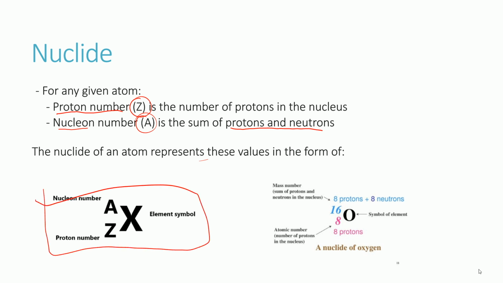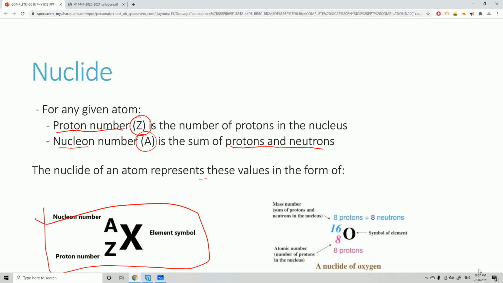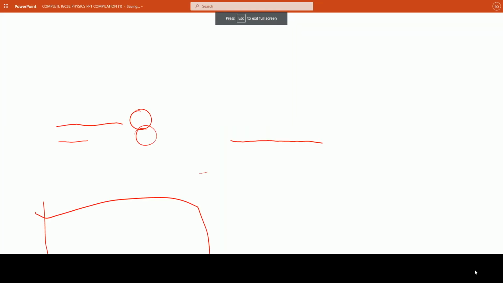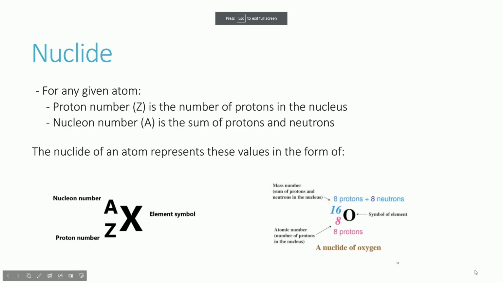So you've got the nucleon number right here, remember, which is just the mass number, which is neutron plus proton. And at the bottom here, you've got the proton number, which is simply the number of protons, and finally you have the element symbol.